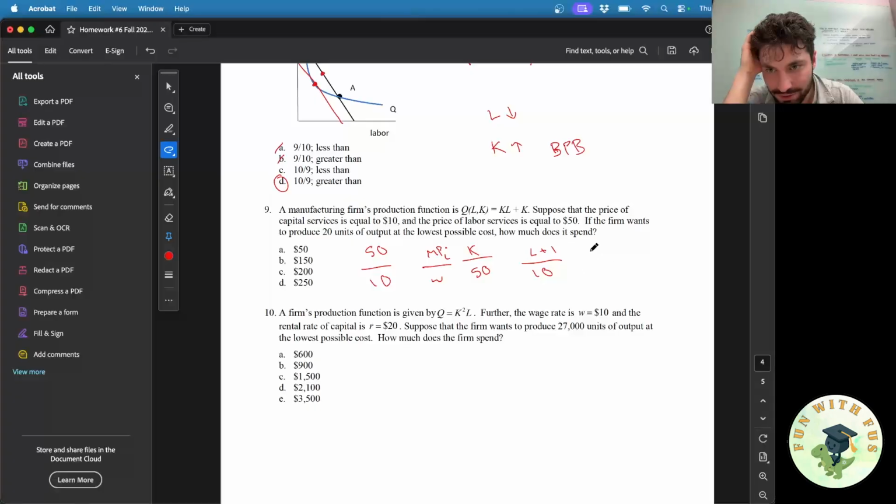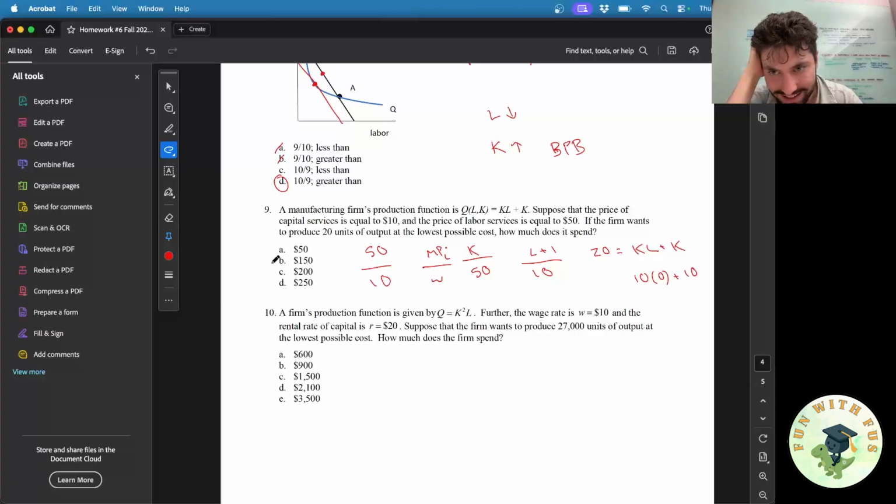So I need to make 20. 20 is equal to KL plus K. If I wanted to just plug in, let's say 10 Ks, then I would get 10 times 0 plus 10. That would be 100 bones.